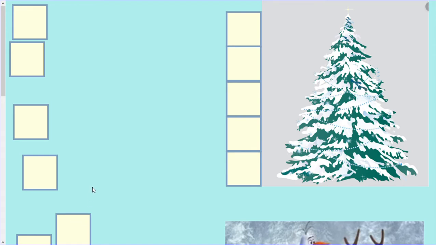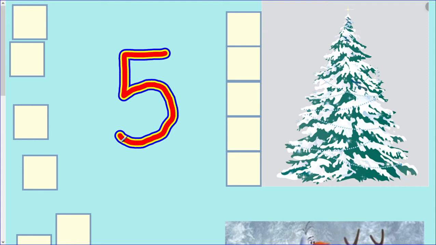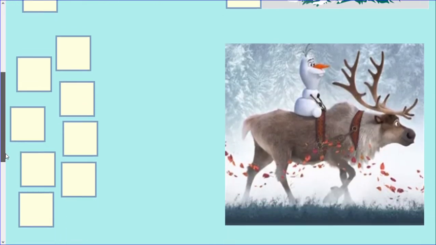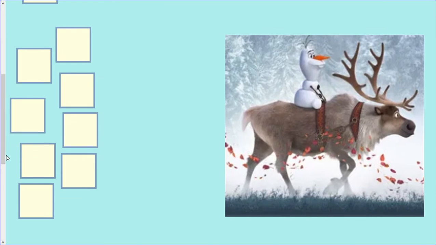So let's see if we can make our pen work and write the number 5 across, down and around the hook. 5.